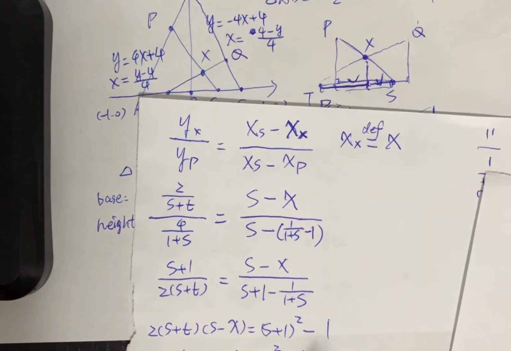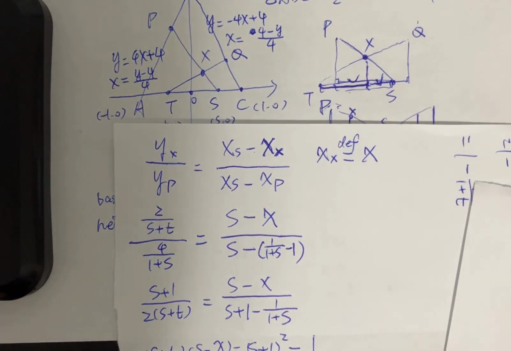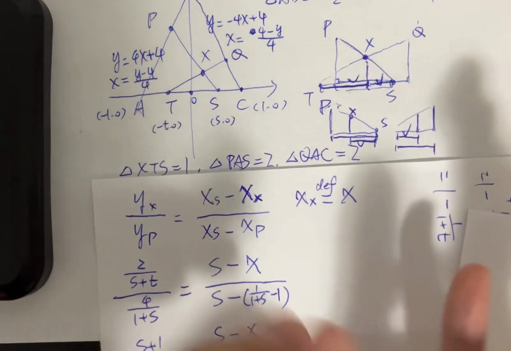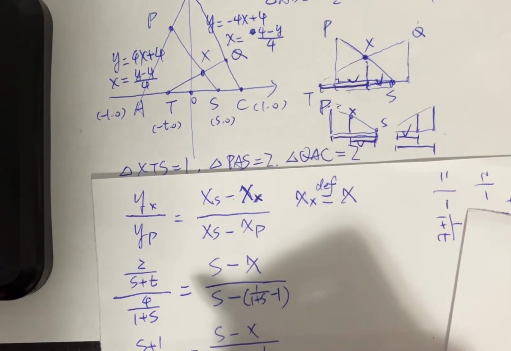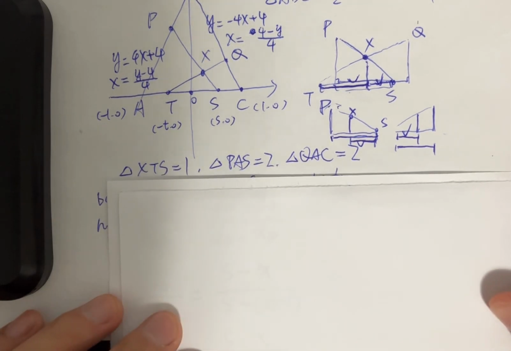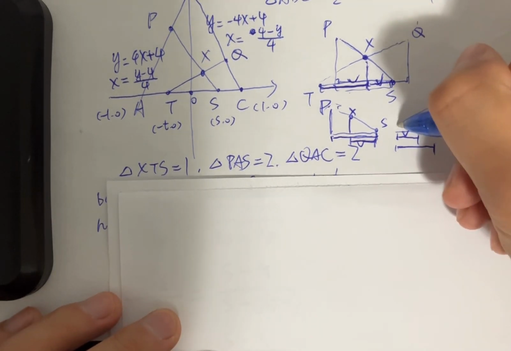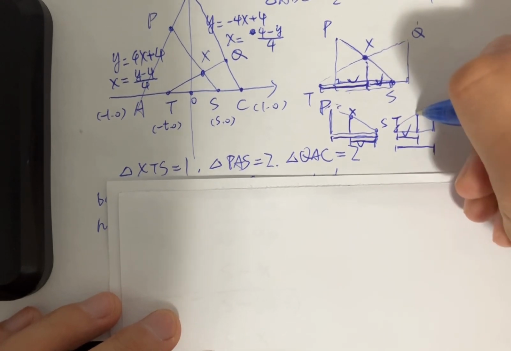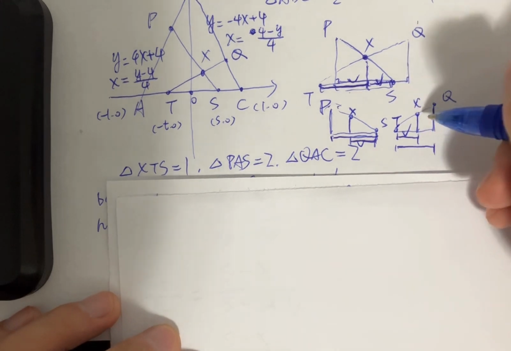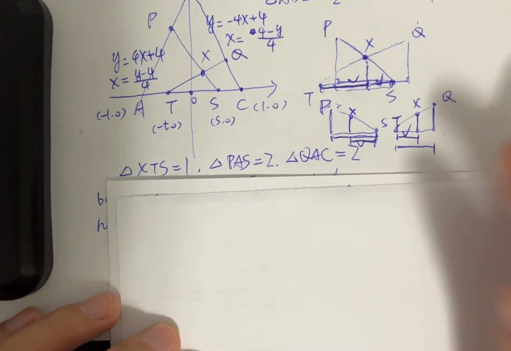You cannot just substitute S with T, because the point T is on the other side, so it's a negative. Still, be careful and do it step by step. It's T here, X here, Q here, and we have the ratio of similarity again.